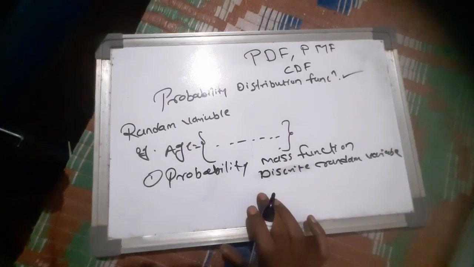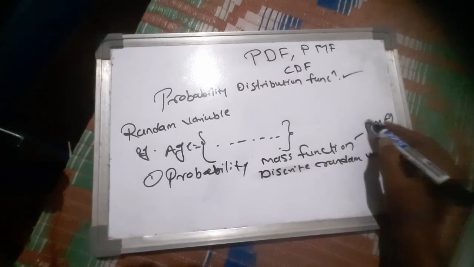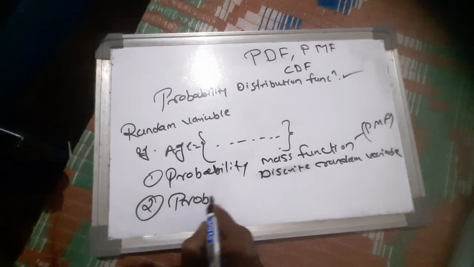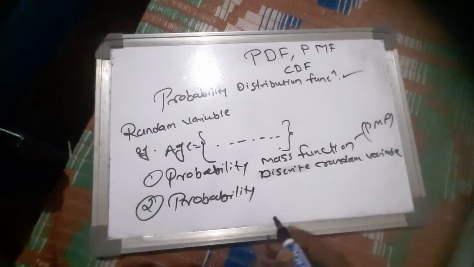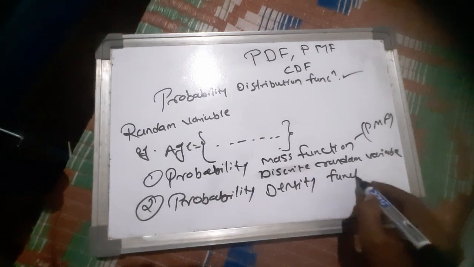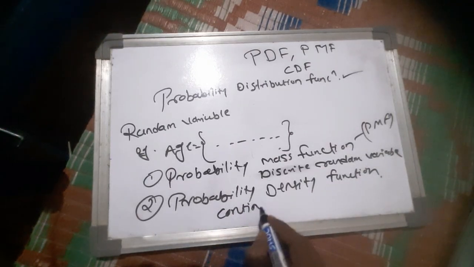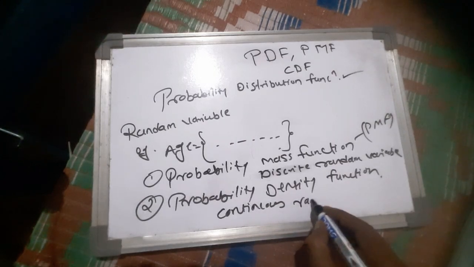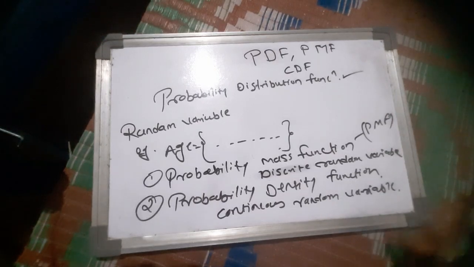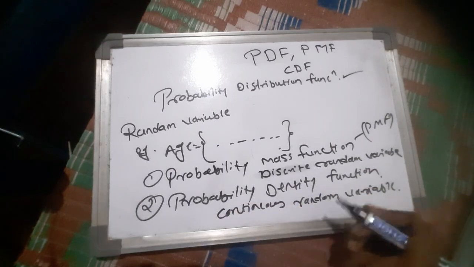And the second one is the probability density function, which is used for a continuous random variable. These are the two types: the probability mass function and the probability density function.